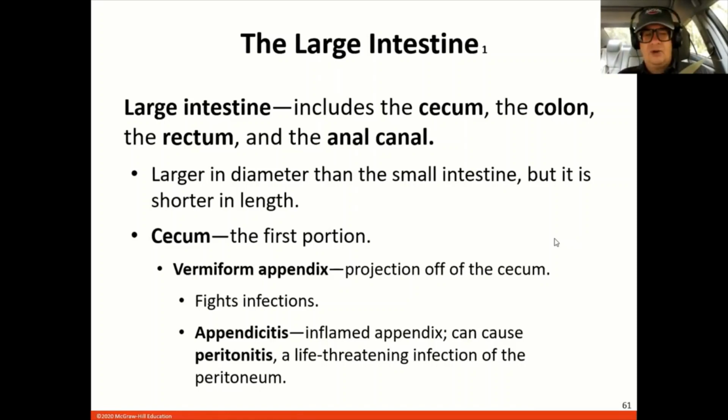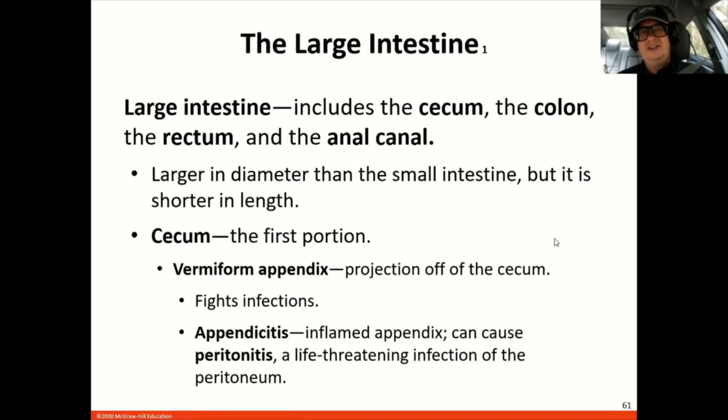In a horse or a rabbit, this is a huge thing, bigger than the intestine by far. I mean, huge diameter, bigger than the stomach. I know that's for a rabbit. I think that's for a horse. But anyway, the point is the cecum is huge in them because they do what's called hindgut fermentation.